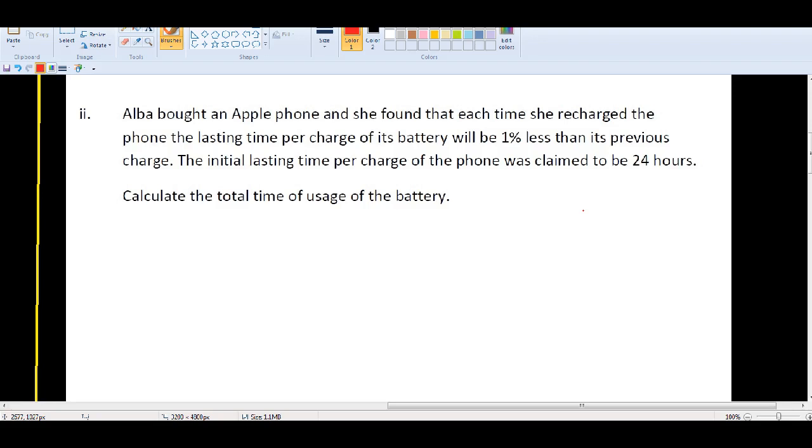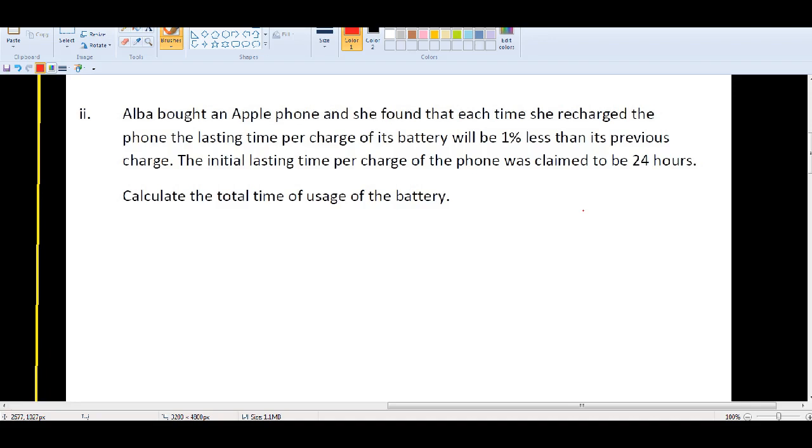Alba bought an Apple phone, and she found that each time she recharged the phone, the lasting time per charge of the battery will be 1% less than its previous charge. So we understand that if you get a new phone, the battery will last longer per charge.